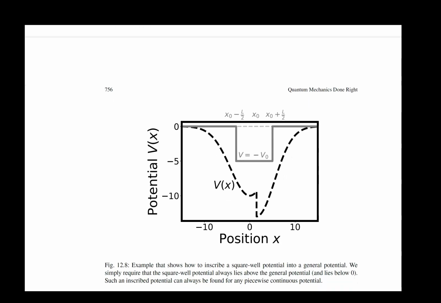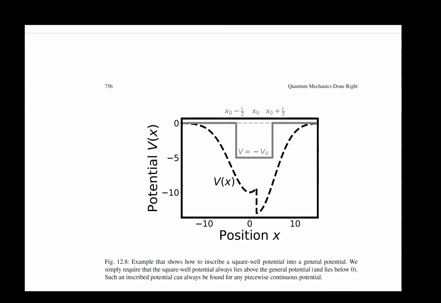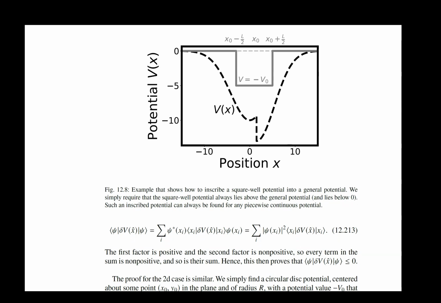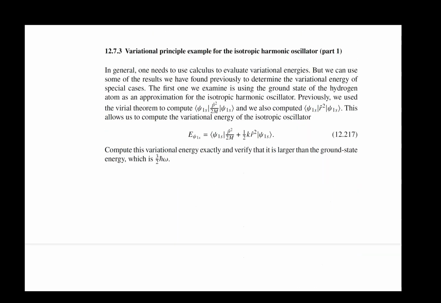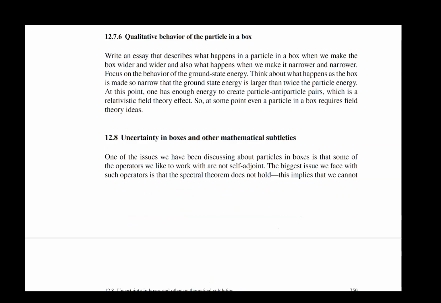But when you want to ask, does this dash potential have a bound state? Because the dash potential is lower everywhere than that finite square well, and the finite square well does have a bound state, we can use that to prove that that dash potential has at least one bound state. And that's a really cool argument. We go through the mathematics of that argument very carefully.